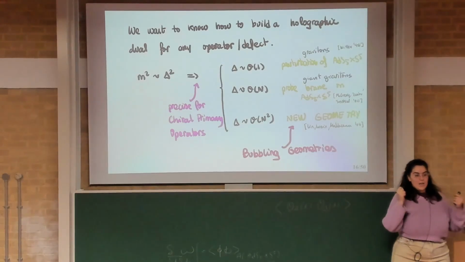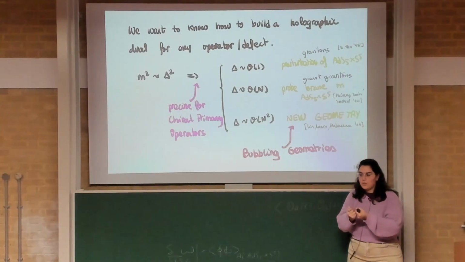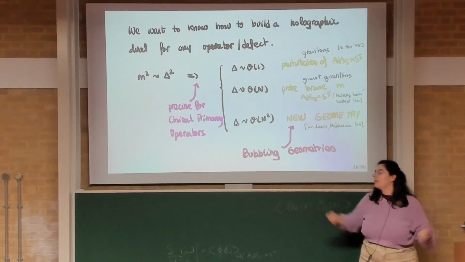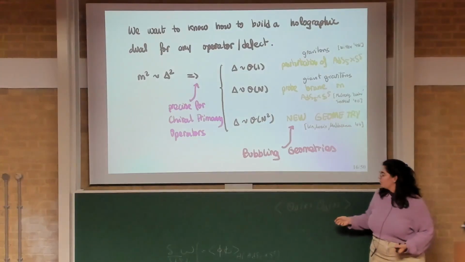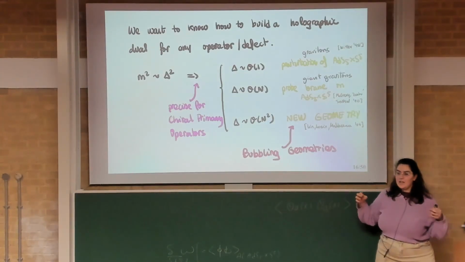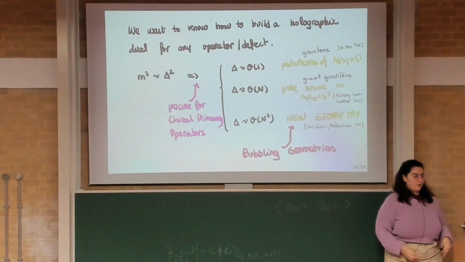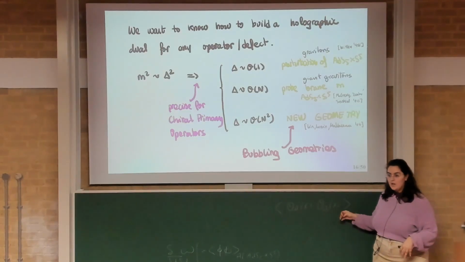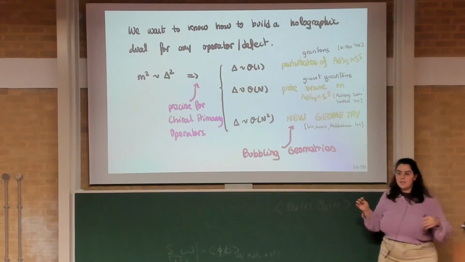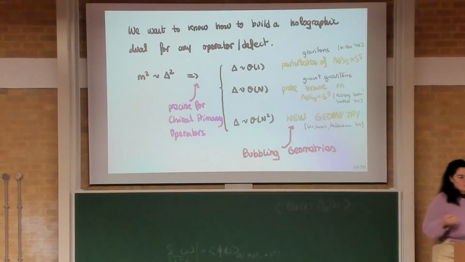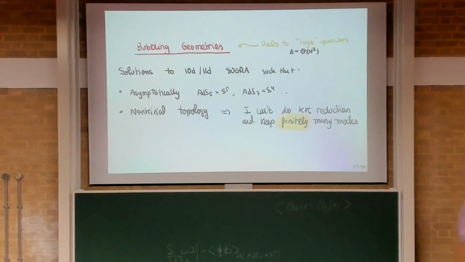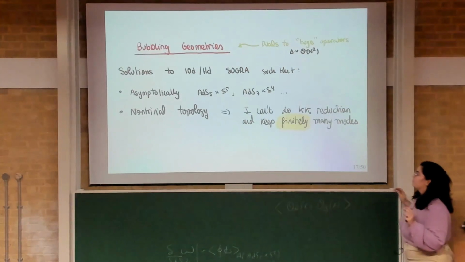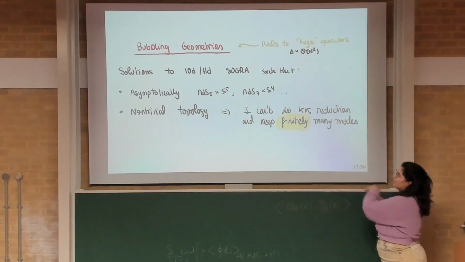So I know that I am putting something into N=4 super Yang-Mills, but I'm still finding N=4 super Yang-Mills. But it's a solution that has a non-trivial topology in the interior, and that is why it is going to be one of these examples where you cannot just expand in spherical harmonics and be happy about it to compute the on-shell action. So what I'm going to be calling bubbling geometries are these kinds of solutions.